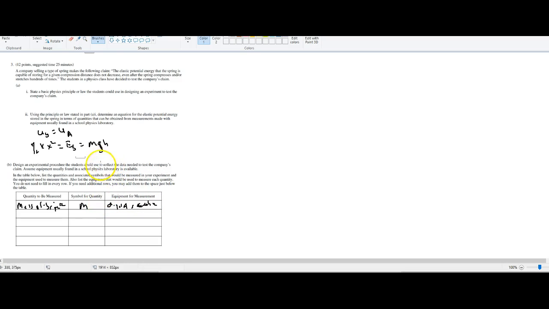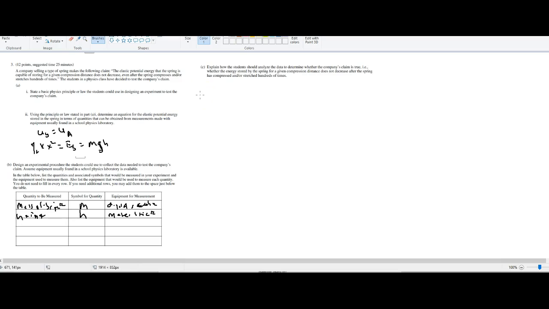G, I don't need to measure, it's a universal constant. H, though, I need to measure, that's height. And I'm going to measure H with a meter stick. I need nothing else to measure to prove this quantity is true. I'm going to do it lots of times, but that'll probably come later in my laboratory experiment.